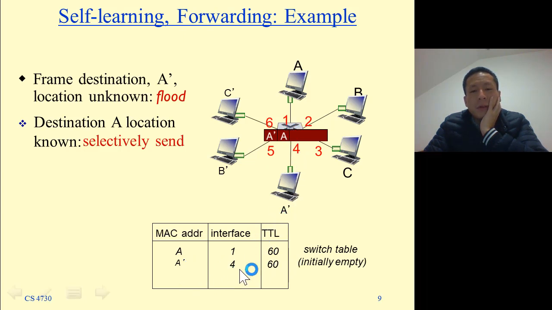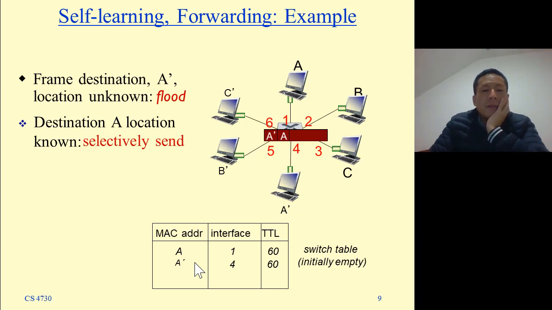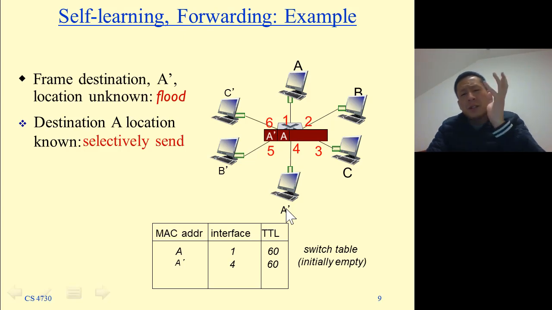So this new entry will be created, meaning that host A prime can be reached from interface 4. Okay, so the next time, the switch will realize right away that the frame should be sent to A prime if the destination MAC address contains A prime.